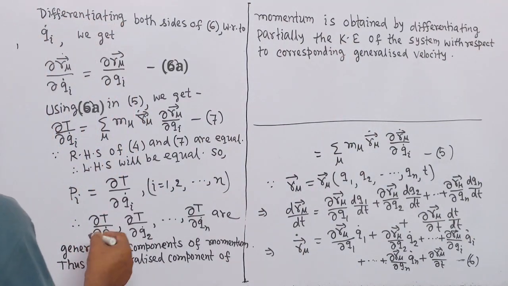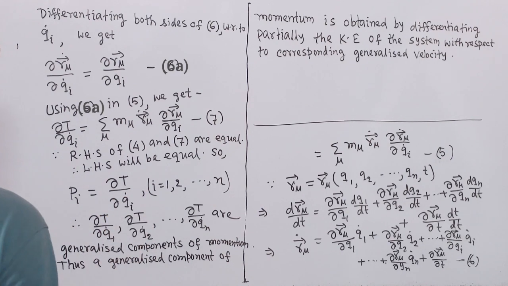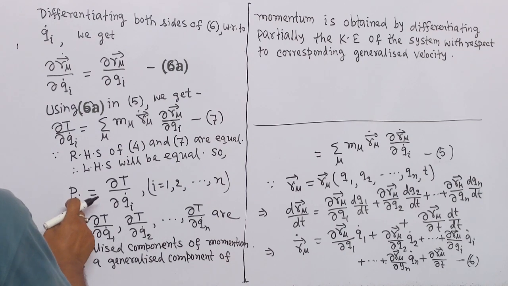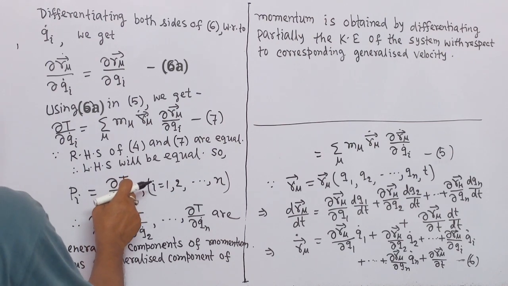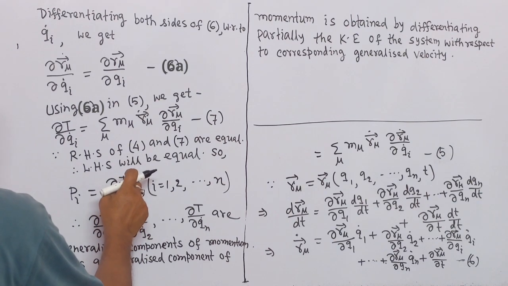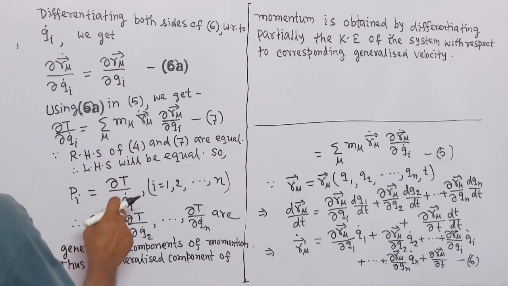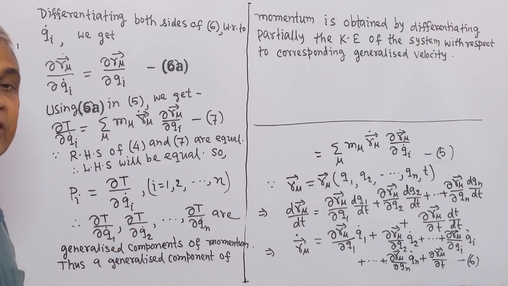Here qi dot is the generalized component of velocity and pi is the momentum. It has been obtained by differentiating T, the kinetic energy of the system, with respect to the corresponding generalized velocity. qi dot is the ith component of generalized velocity.